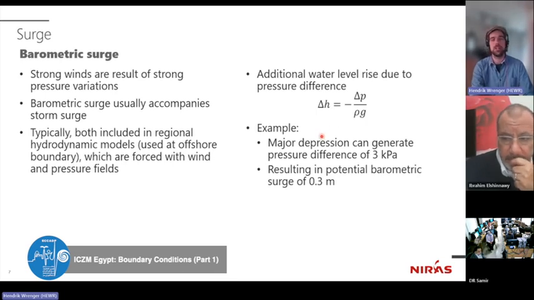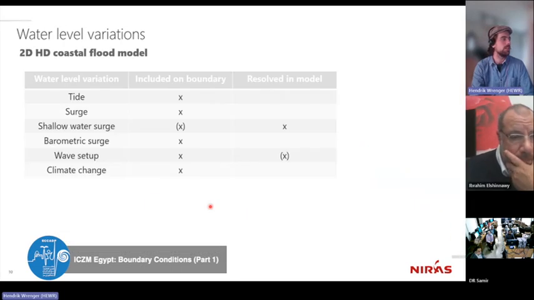Any water level variations because of pressure are just part of the residual, and they are included in the extreme value analysis of water levels and thereby included in the boundary condition. So these three are the irregular water level variations, and the regional surge and the barometric surge are just together in the boundary condition.